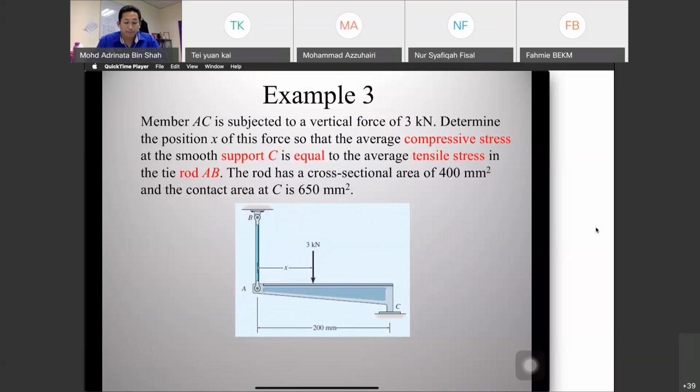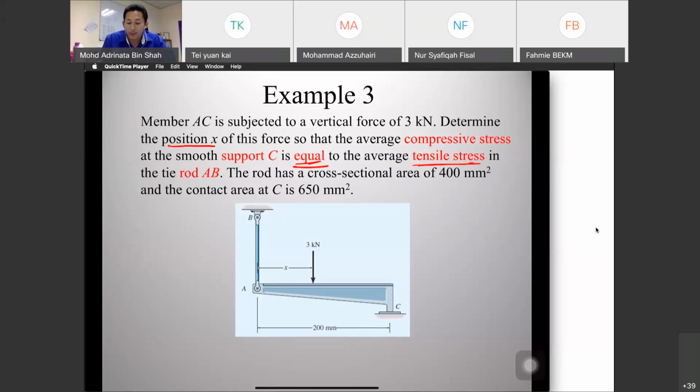Number 3, member AC is subjected to a vertical force of 3 kilonewton. Nah, ini soalan lain pula. Determine the position X of this force so that the average compressive stress at the smooth support C is equal to the average tensile stress.